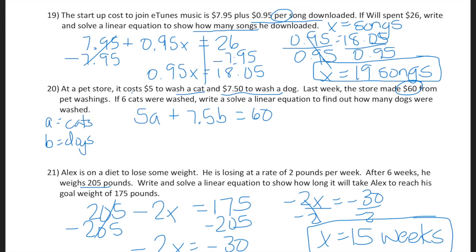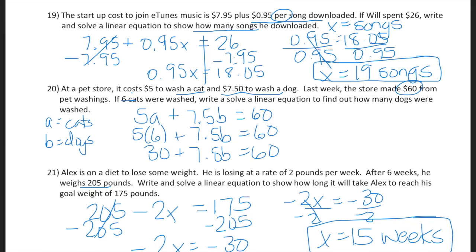And I know that 6 cats were washed, so 5 times 6 plus 7.5B equals 60. This was 30. So we would do the same thing. Subtract 30, subtract 30. We would get 7.5B equals 30. And if we divide by 7.5, sure enough, we get 4. So it works out the same, okay?